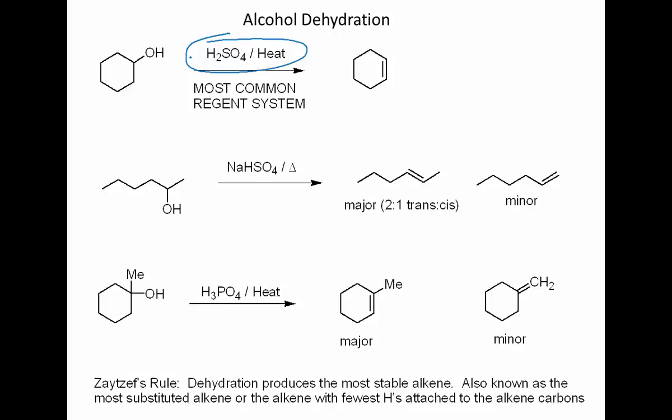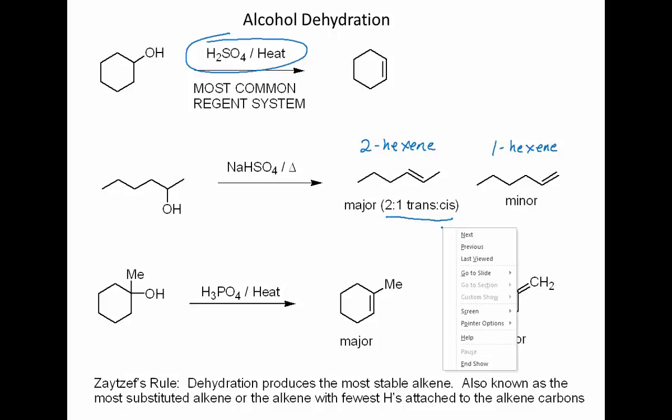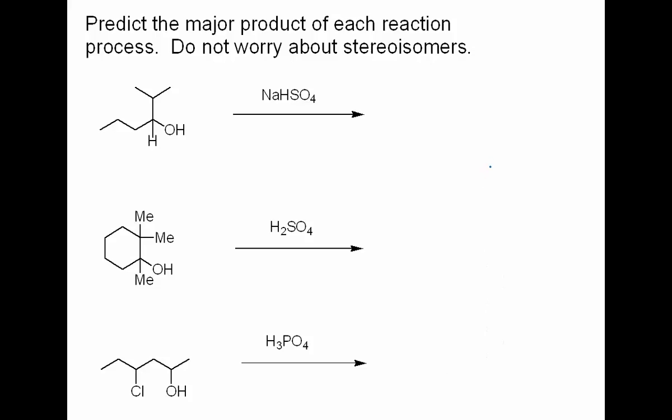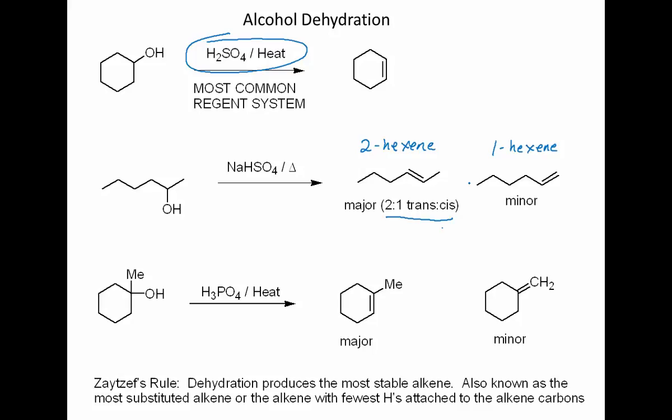We're making, as our major product, 2-hexene, and as our minor product, 1-hexene. And of the 2-hexene that we make, it's mostly the trans isomer. There's more of the trans isomer than there is of the cis isomer. Okay?